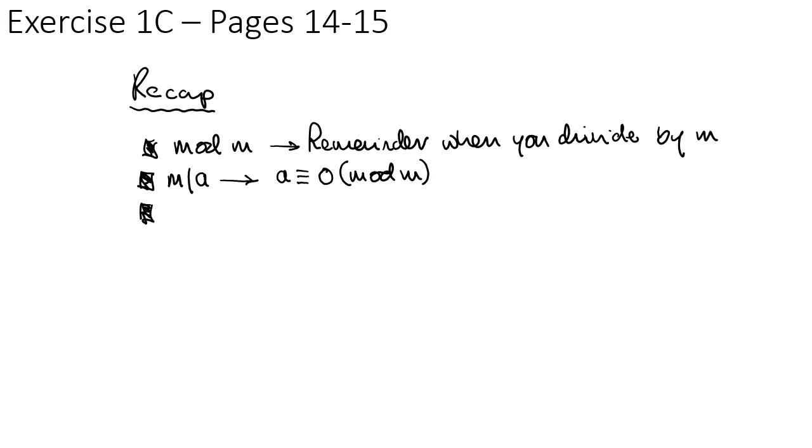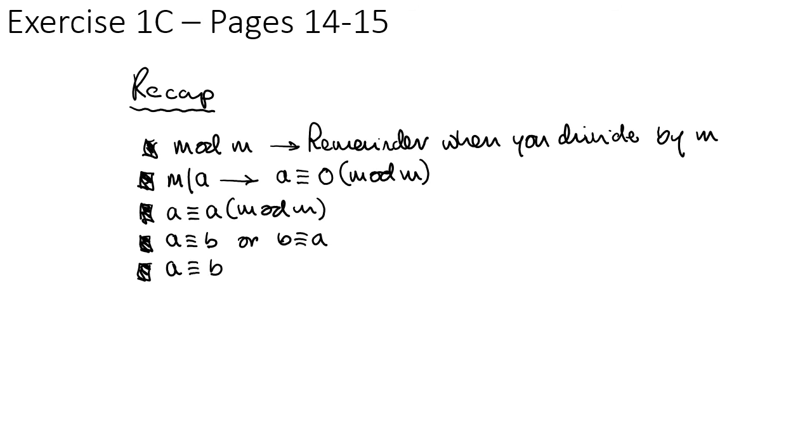Every integer is congruent to itself, again under mod m, for any integer value of m. We can write a congruency relationship either way round. We can link them together, so these are all mod m, by the way. So if a is congruent to b and b is congruent to c, it then follows that a is congruent to c.